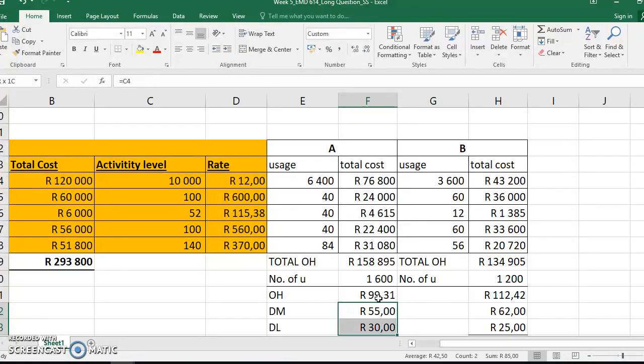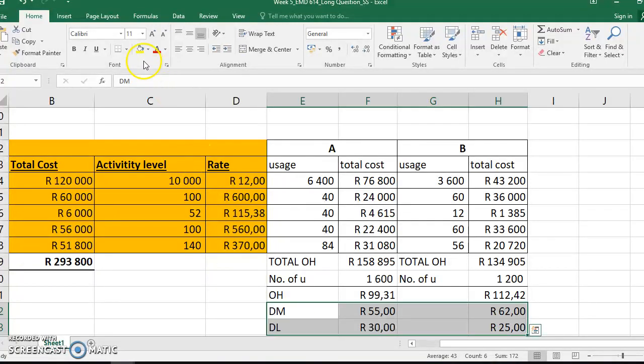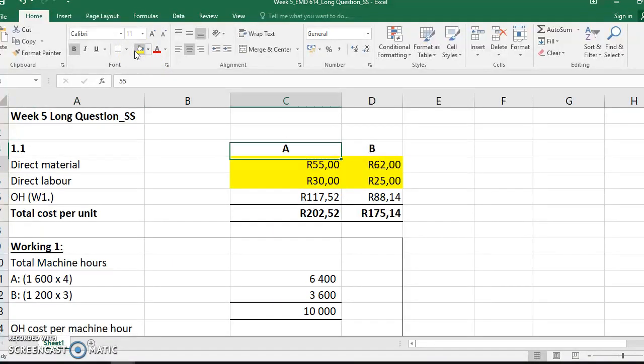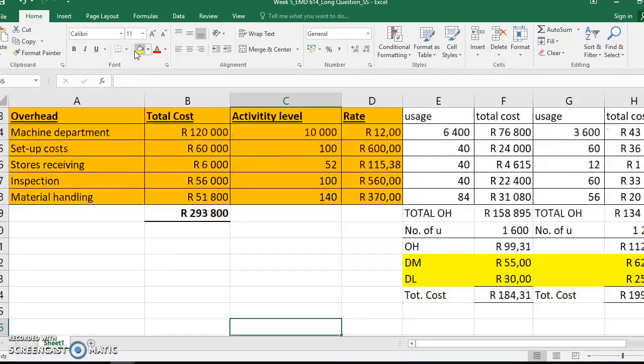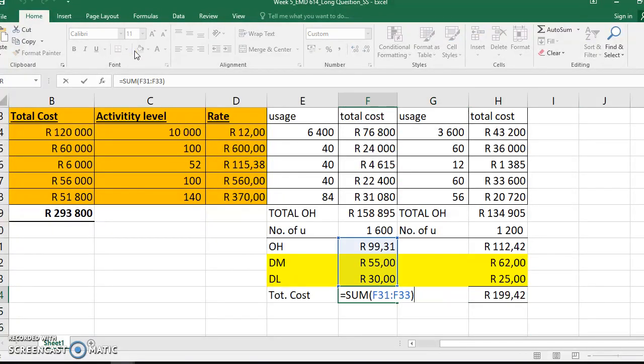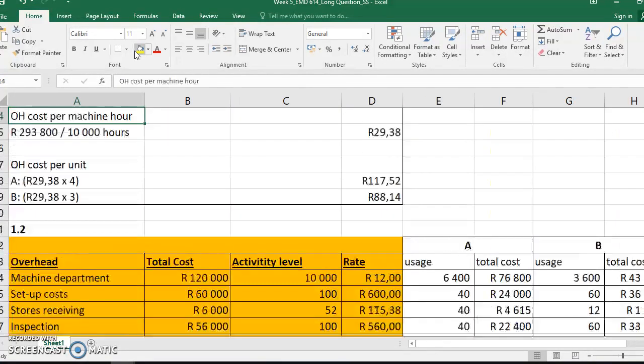And then these amounts were given to us in the question. And remember, they're exactly the same as the amounts under the traditional method, because direct labor and direct material are exactly the same whether you use the ABC method or the traditional method. But remember, total cost is overheads plus direct material plus direct labor. So that will give you the total cost per unit for A, and that will give you the total cost per unit for B.